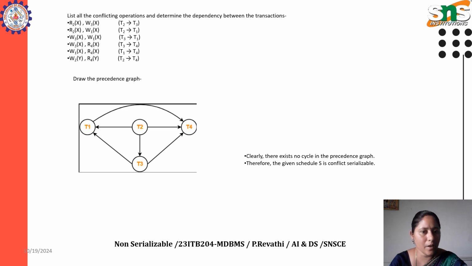In this graph, there is no cycle in the precedence graph. Therefore, the given schedule S is conflict serializable.